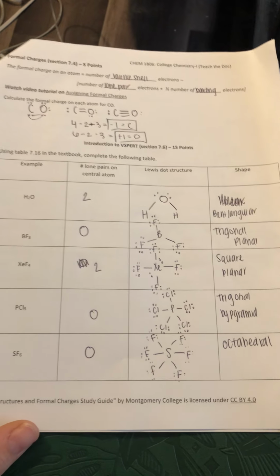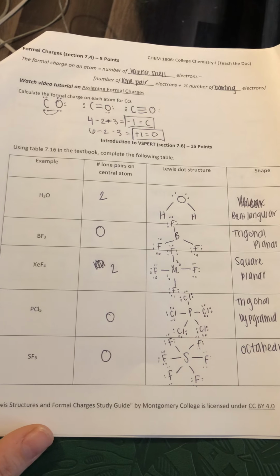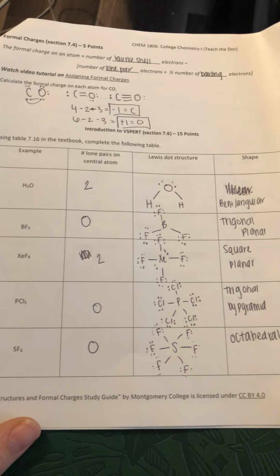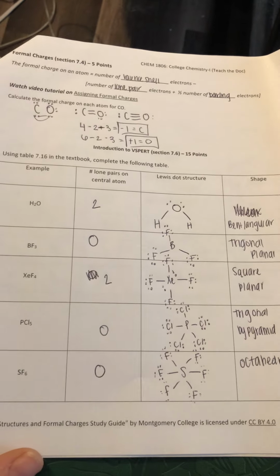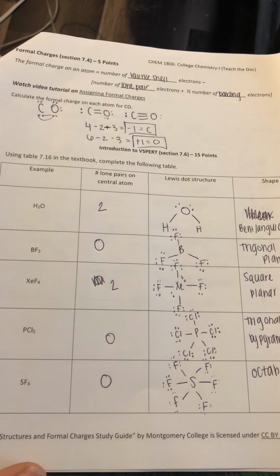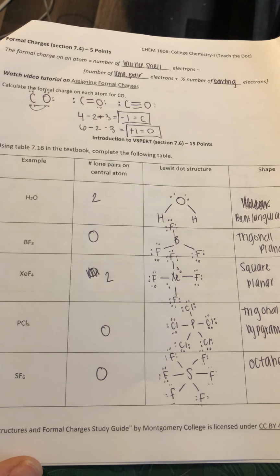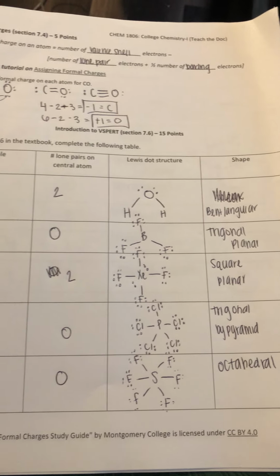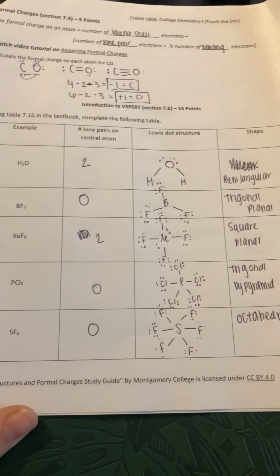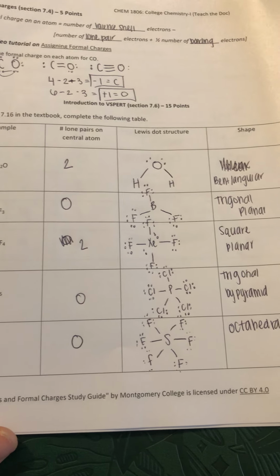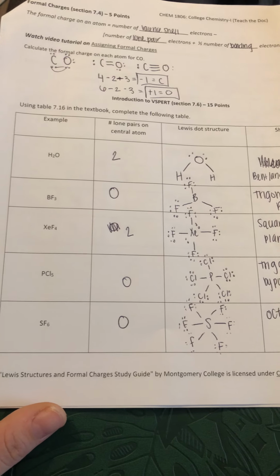This chart, let's see, so H2O has 2 lone pairs on the central atom, as seen here, and it's a bent or angular shape. This next one has no lone pairs, so it's trigonal planar. This next one has 2 lone pairs, and so it's square planar.